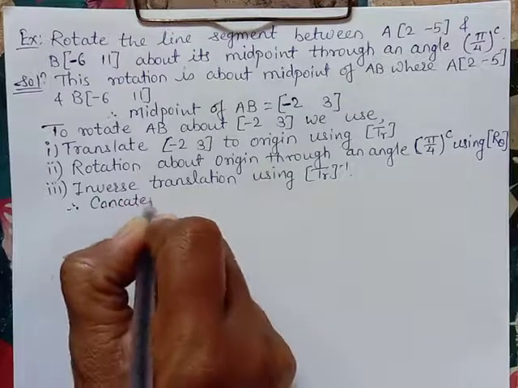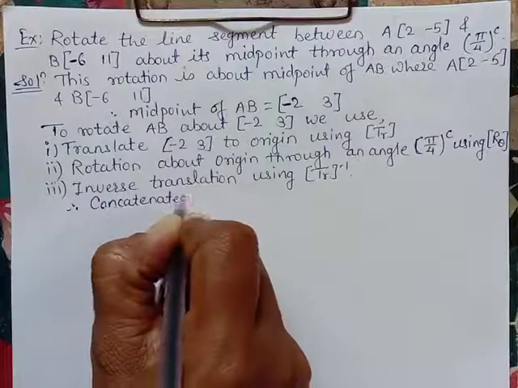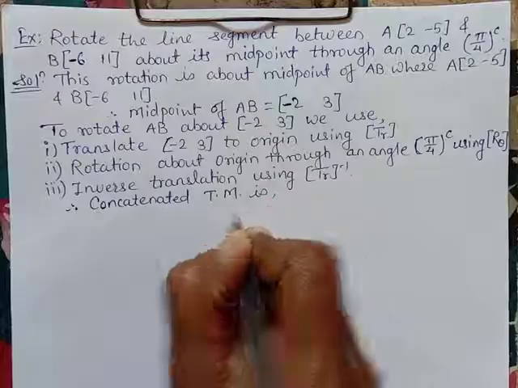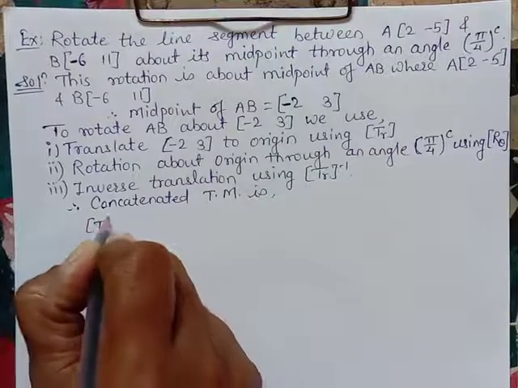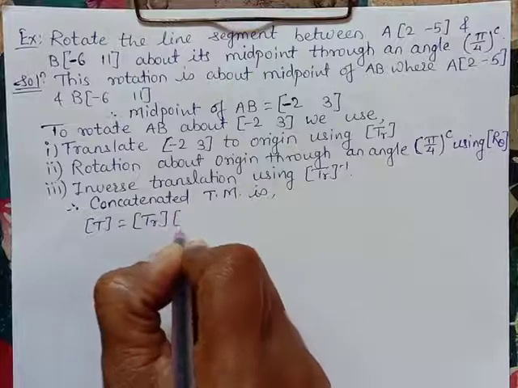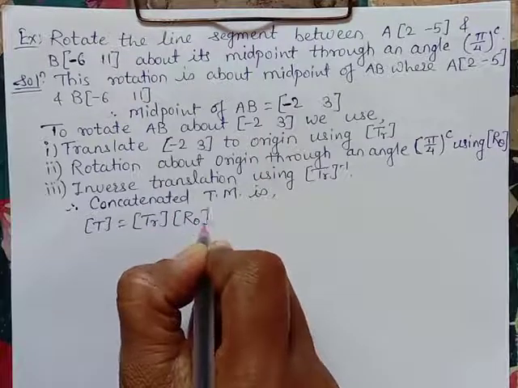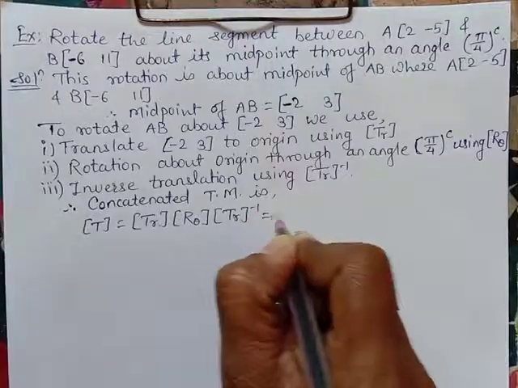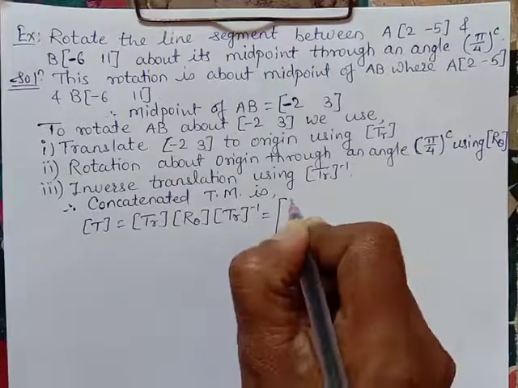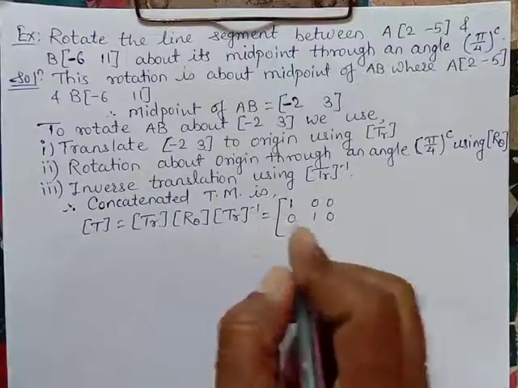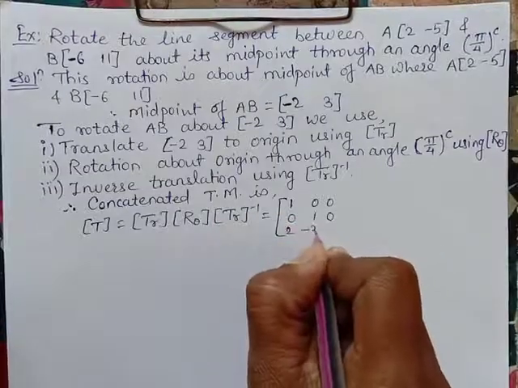Okay, therefore the concatenated transformation matrix is T equal to TR into R theta into TR inverse. So the translation matrix here is 1 0 0, 0 1 0, and this is 2 minus 3 1.